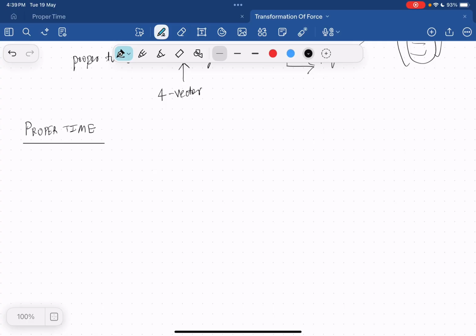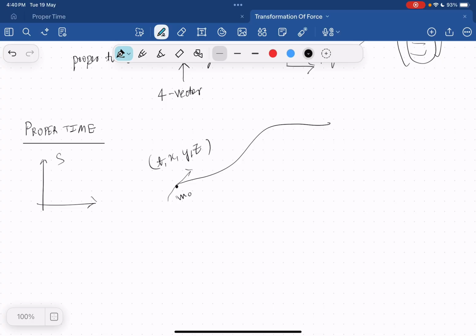So suppose we have some particle of mass m naught moving in some general trajectory, and at some time t with respect to some frame S, its position is x, y, z.